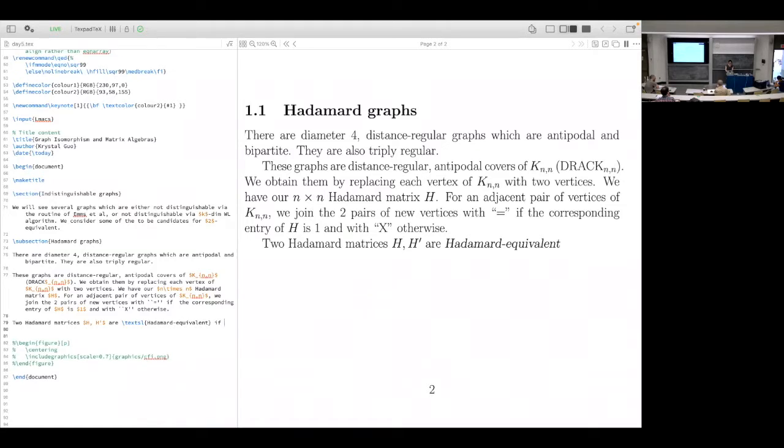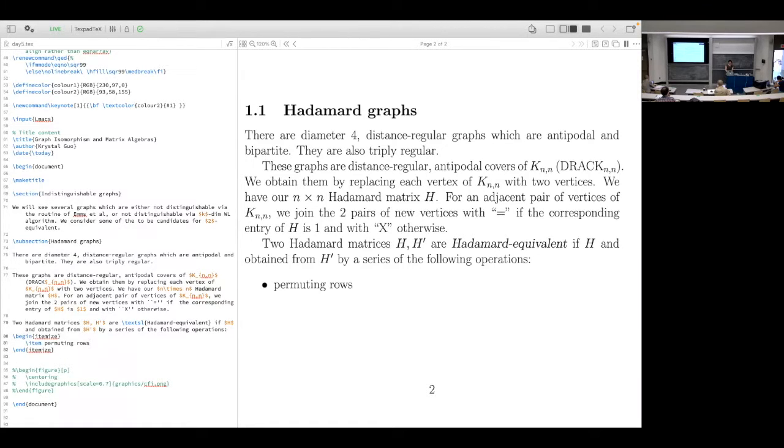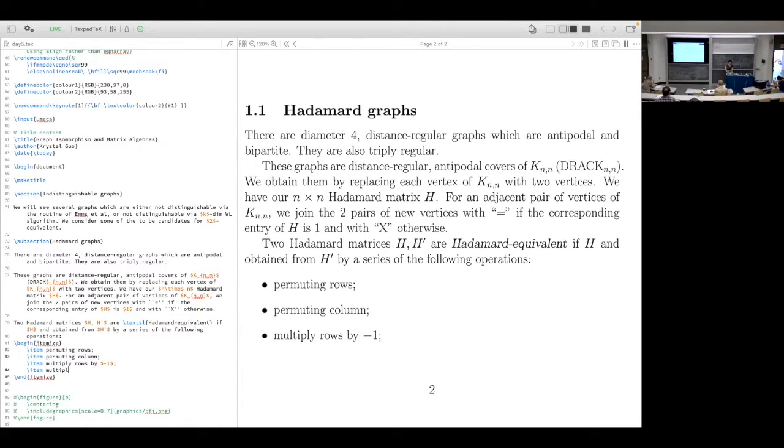H is obtained from H prime by a series of the following operations: permuting rows, permuting columns, which are surely legitimate, multiplying rows by -1, and multiplying columns by -1.